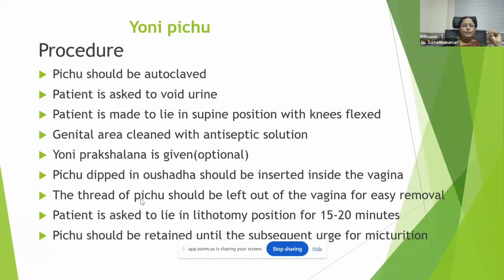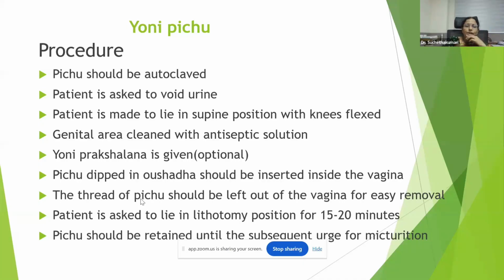Here I am not going into very much detail on the procedure because we have to see each and every procedure. So here the procedure is, first of all, we have to take the antiseptic precaution. Here also the pichu which we have prepared, and also the medicaments, like if it is a ghrita, have to be autoclaved compulsorily.